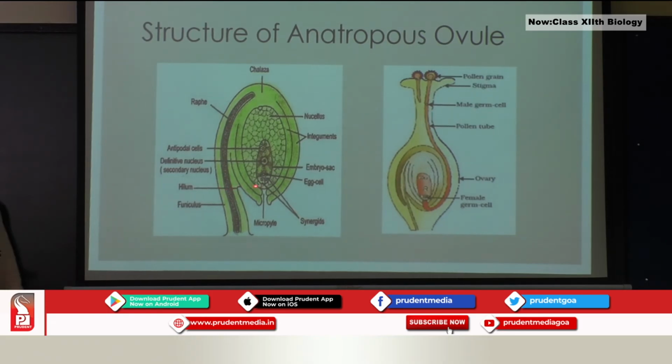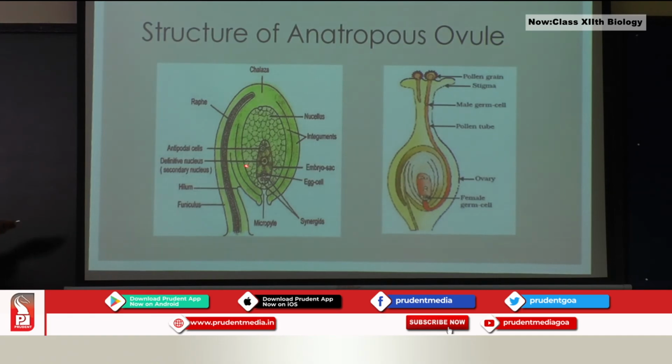So hilum is the point or the junction where the body of the ovule meets the funiculus or the stalk of the ovule. Now you may wonder, where is the stalk going? The stalk is attached to the tissue which is called as the placenta. And placenta is a tissue seen on the inner wall of the ovary.